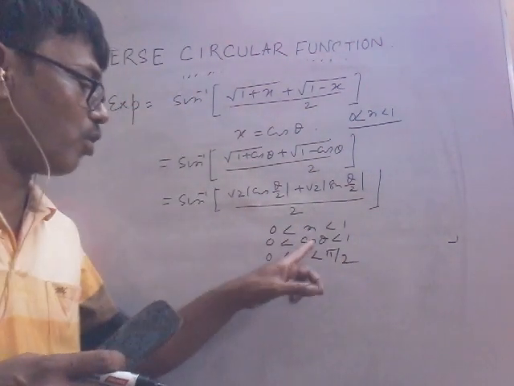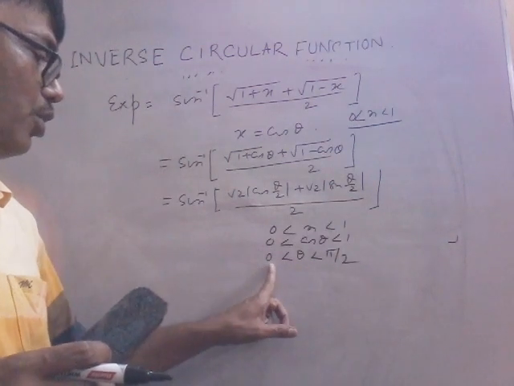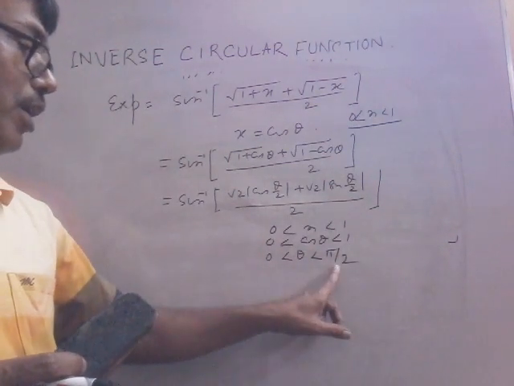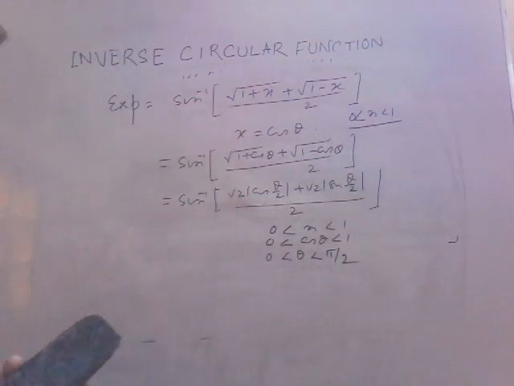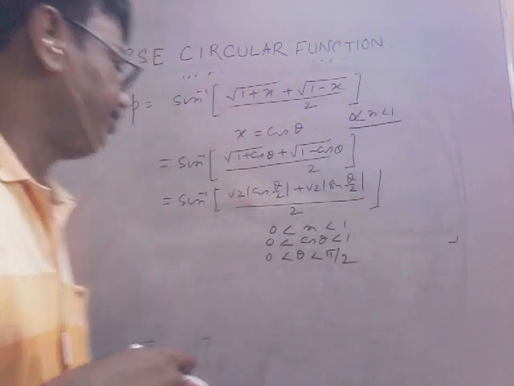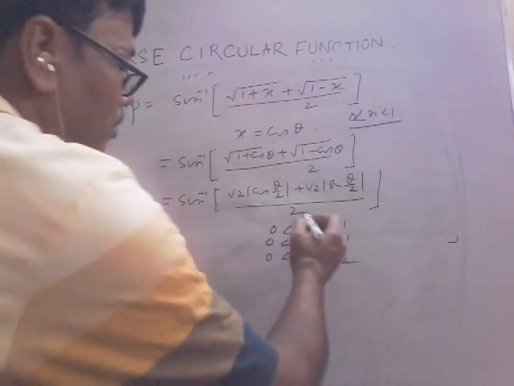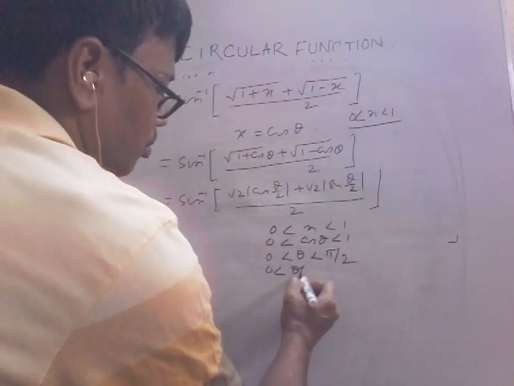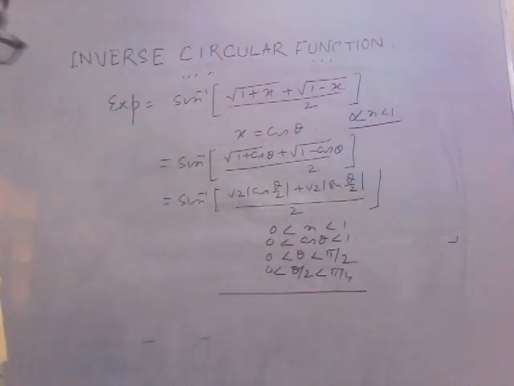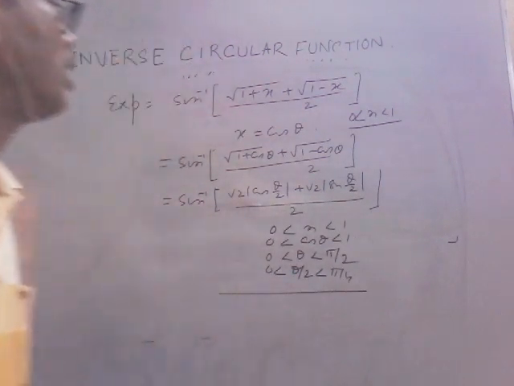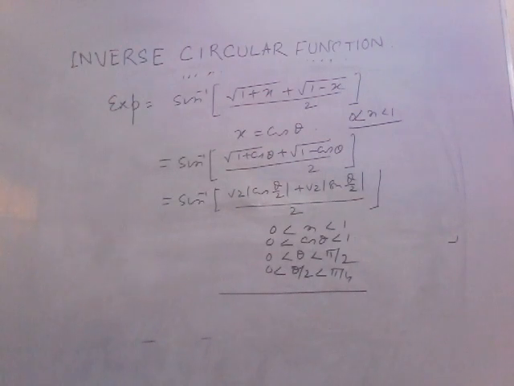The inequality is changed because cos theta is a decreasing function. So what is cos theta by 2? Theta by 2 lies in 0 to pi by 4, so in 0 to pi by 4 it is positive.